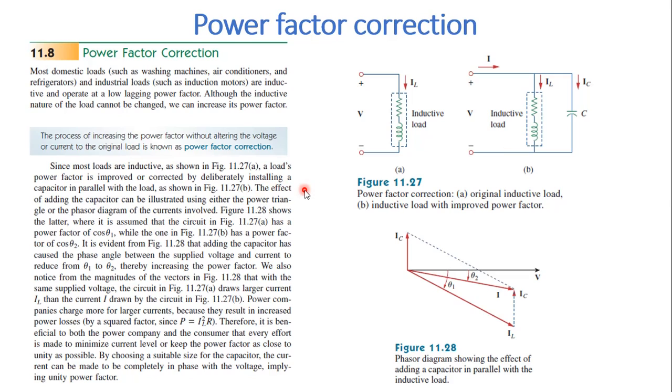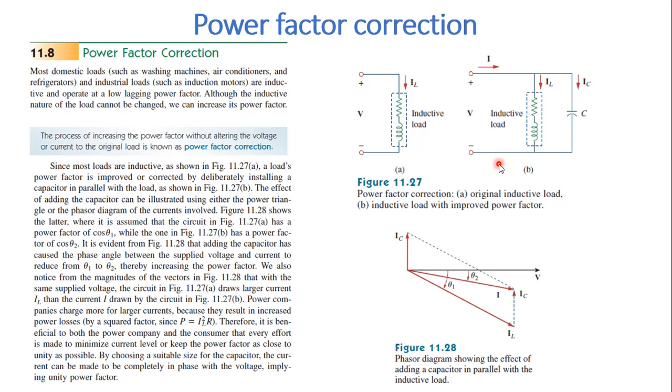Now the effect of adding a capacitor can be illustrated using either the power triangle or the phasor diagram of the currents involved. Figure 11.28 shows the latter, where it is assumed that the circuit in figure 11.27a has a power factor of cos theta 1, while the one in 11.27b has a power factor of cos theta 2.